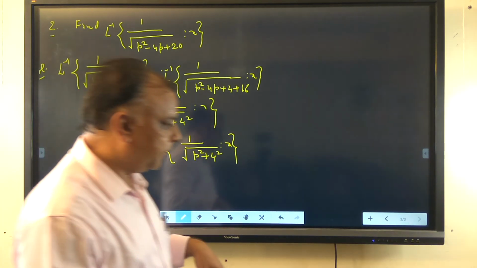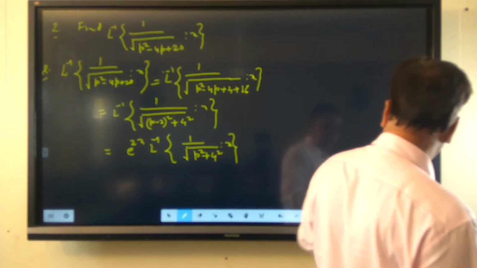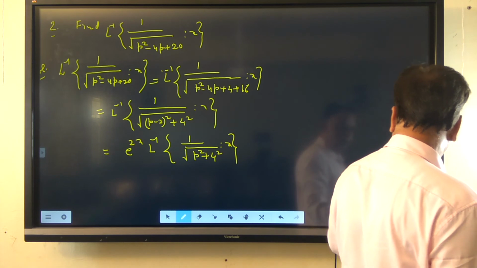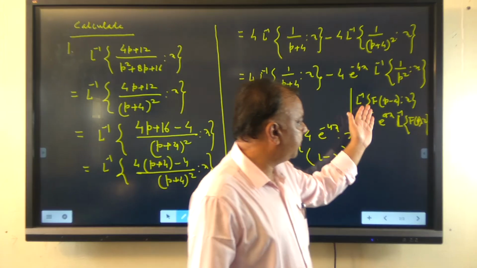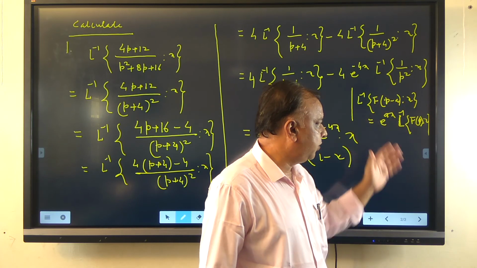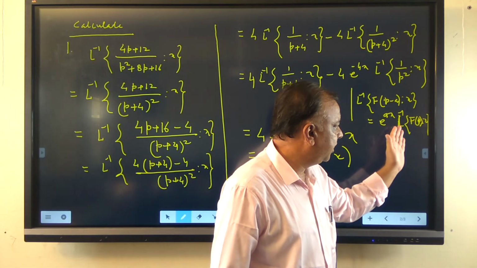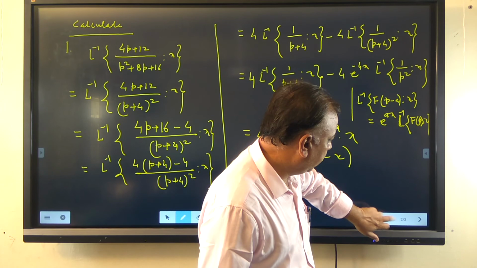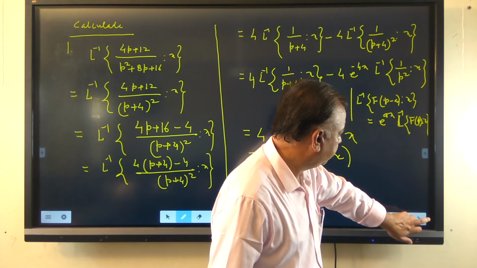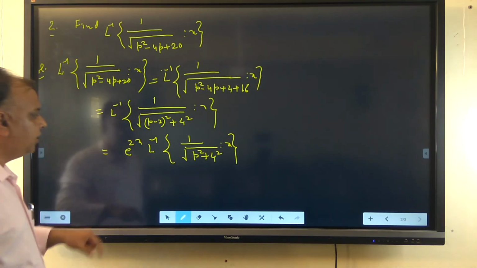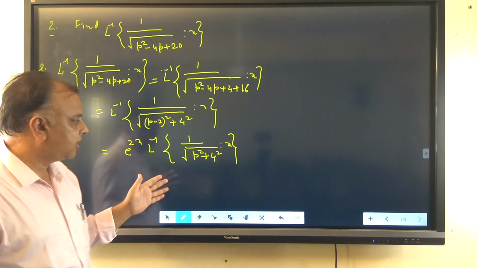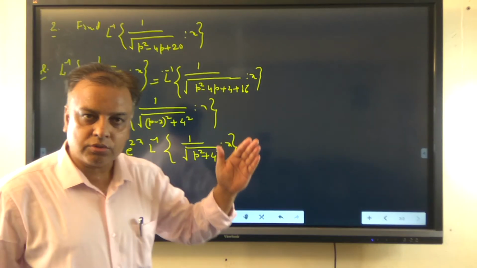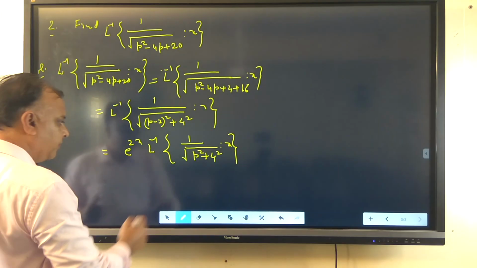The first shifting property, as we have discussed earlier, says that the inverse Laplace transformation of f(p − a) with respect to x is equal to e raised to ax times the inverse Laplace transformation of f(p). So here, we get e raised to 2x times the inverse Laplace transformation of 1 upon under root of p² + 4² with respect to x.